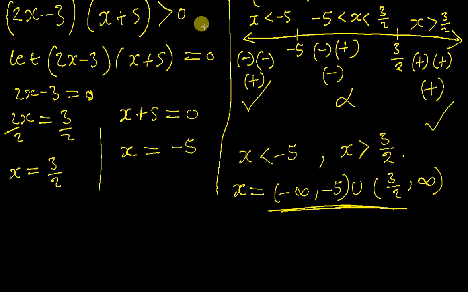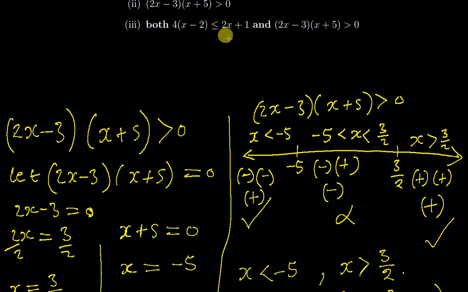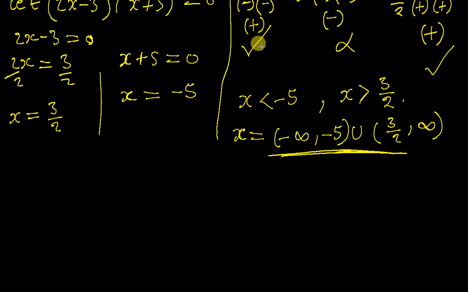If we are to combine these two, it means that we have to find the intersection of their solution sets. The first solution set that we had was x from negative infinity up to 9/2.